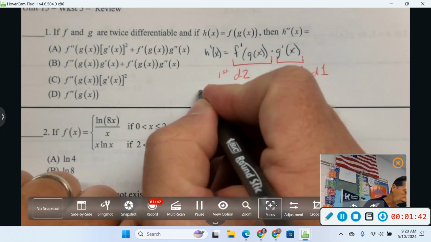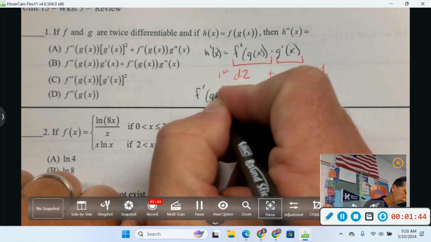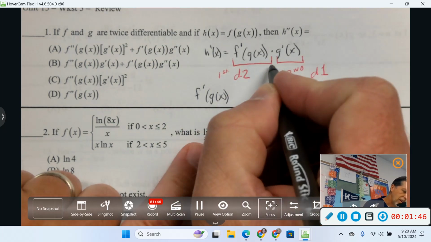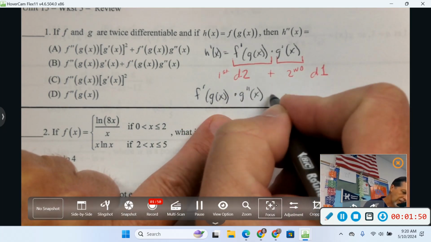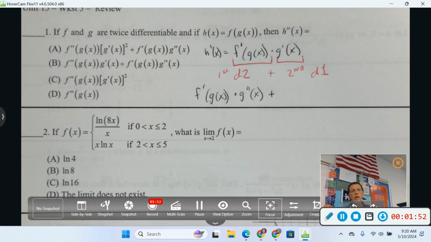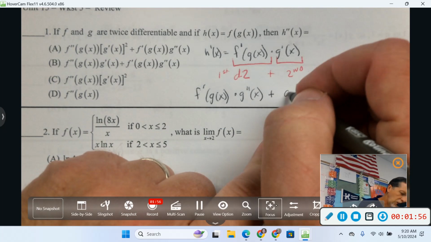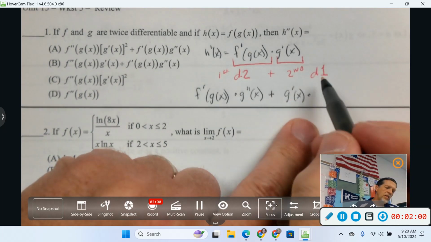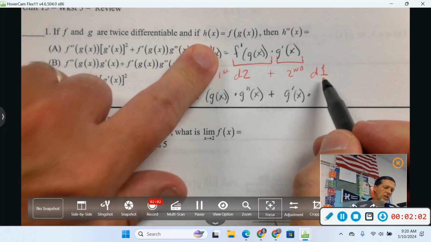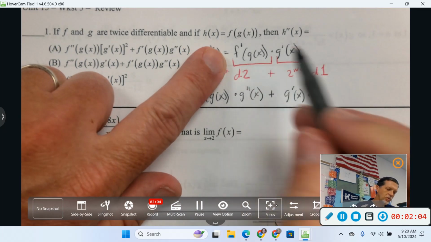So the first one is f prime of g of x. Derivative of the second would be the second derivative of x. Then the second function is g prime. The derivative of the first function, okay, outside in, chain rule again.